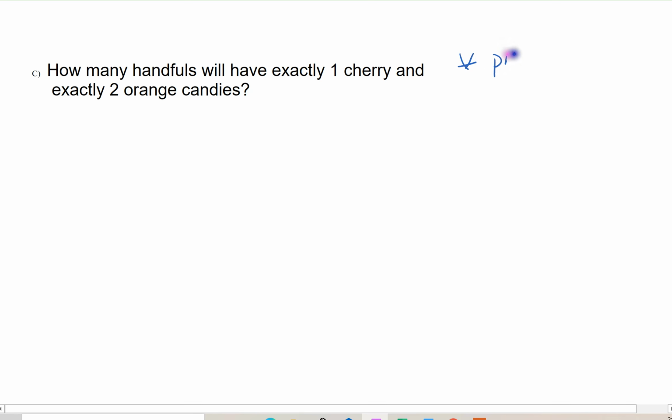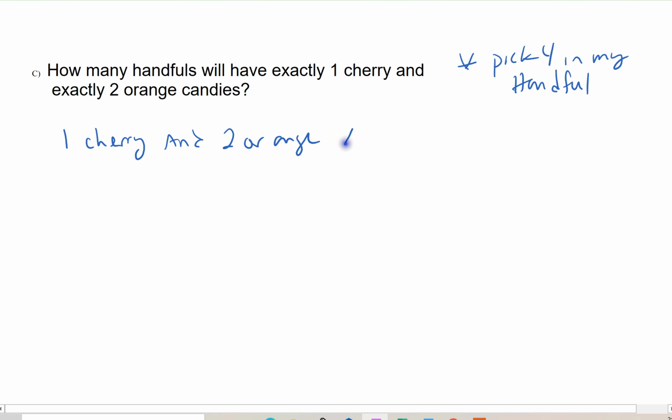We have to pick 4 in my handful. Well, I want 1 cherry and 2 orange. And then there's this hidden "and" statement, and this is the one that you have to remember, right? Right now I've only got 3, which means there's a missing candy in my handful.